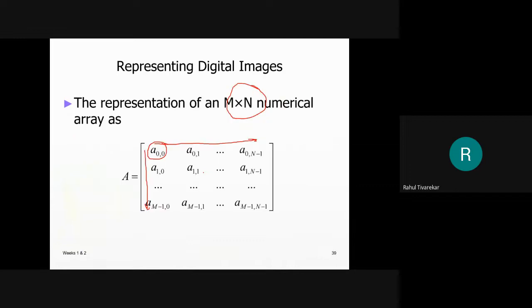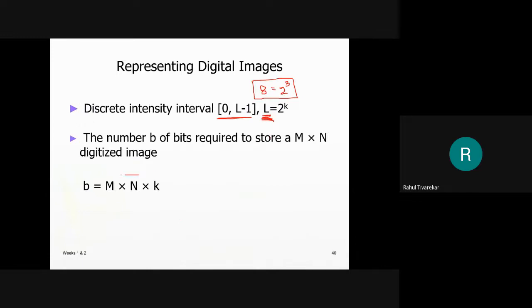And as I said, here we have m cross n number of pixels, so the total number of pixels is m cross n. Each pixel is using k bits. So this gives us the total number of bits used to store the image. So b number of bits are required to store an image, which we find as the total number of pixels multiplied by the number of bits used for a single pixel.